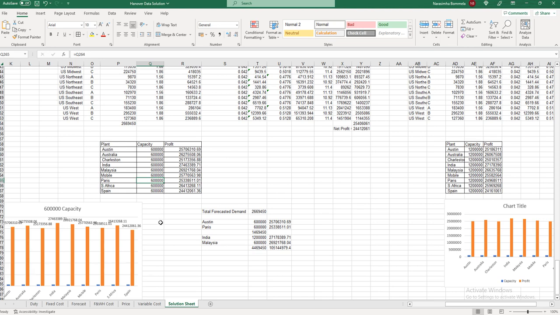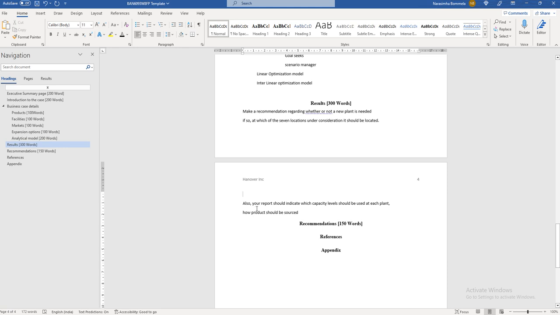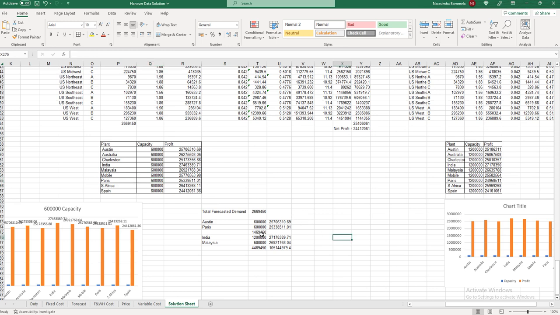Okay, so what was asked in the next question: your report should also indicate which capacity levels should be used at each plant. Now we are very clear, right? So we take this one 600,000 units, and this is 600,000 units, and we also take South Africa, which operates at 600,000 units, and South Africa generates a profit of 264,000.